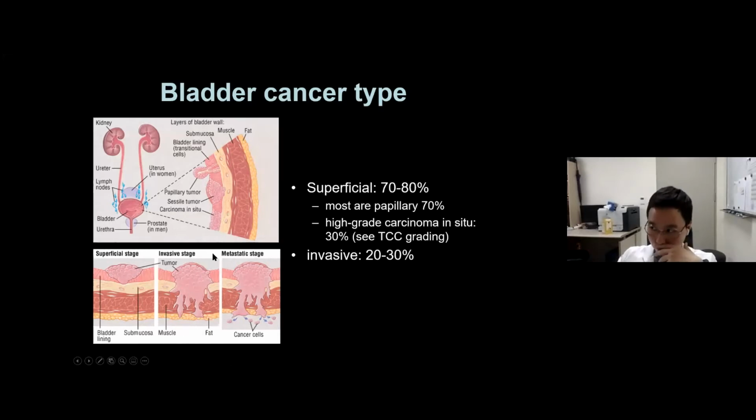Normally 70 to 80% are superficial tumors, and most of the superficial tumors are papillary type tumors, and the sessile tumor or carcinoma in situ comprise 30% actually. And also 20 or 30% of tumors are invasive.